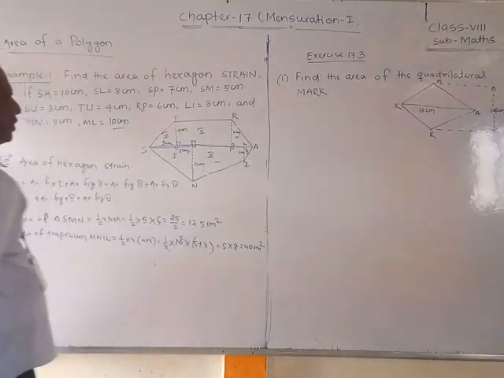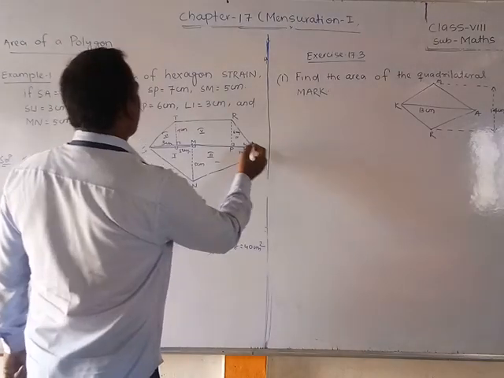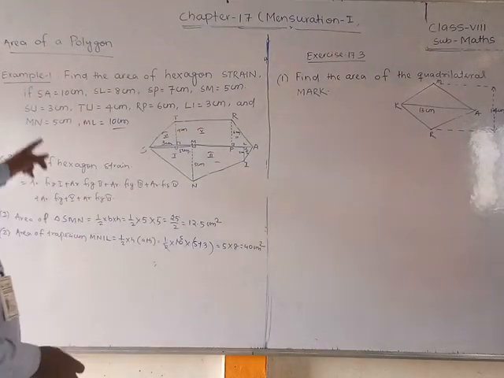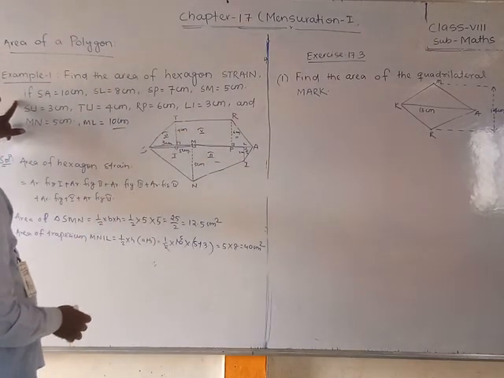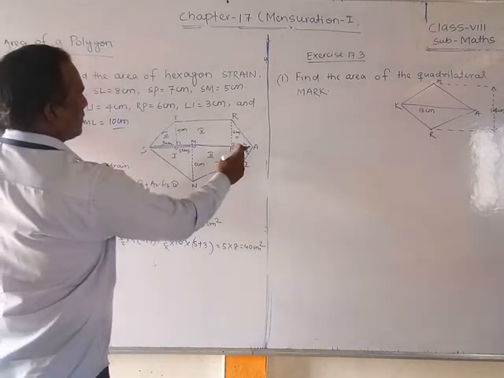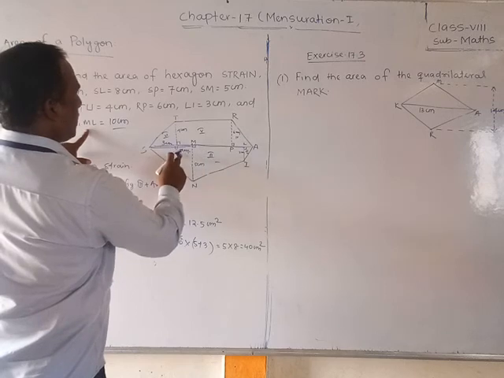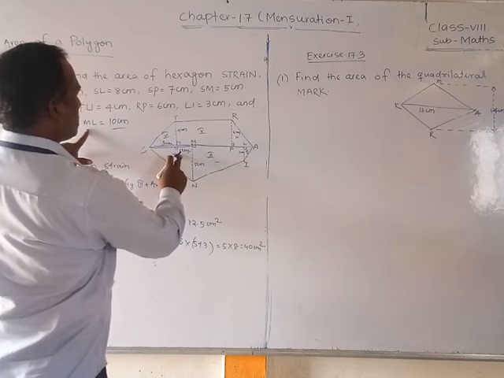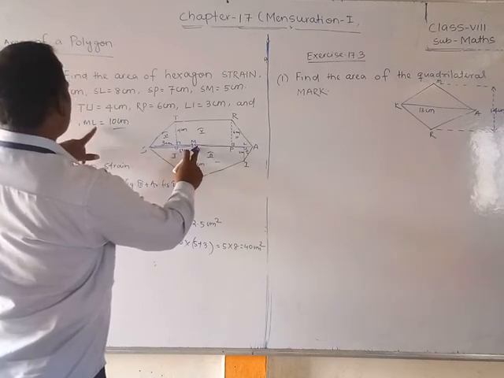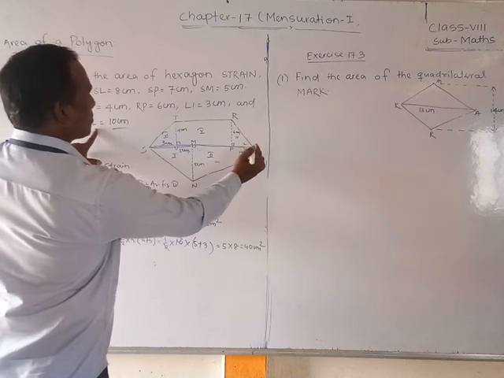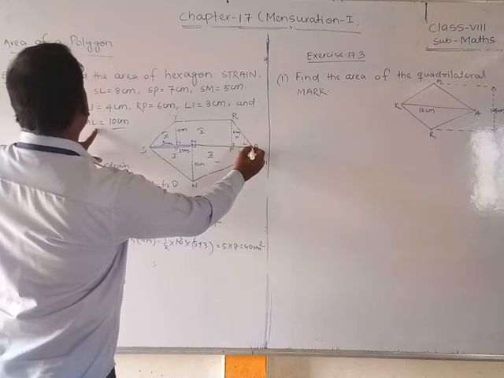Now third figure, this one, how much? LA is there, check once whether LA is there or not. LI is there, 3 centimeter. Here ML is already there. So this is how we should find the total.